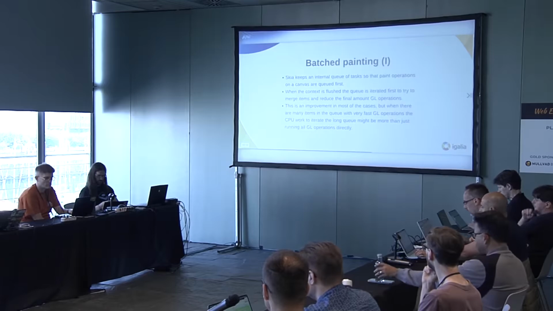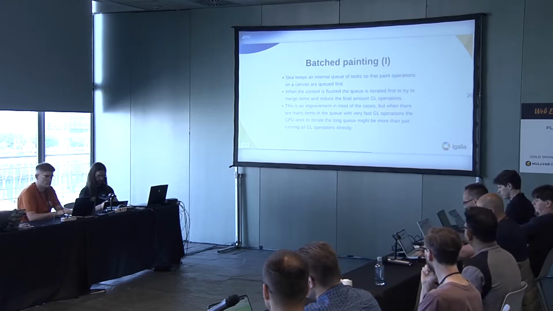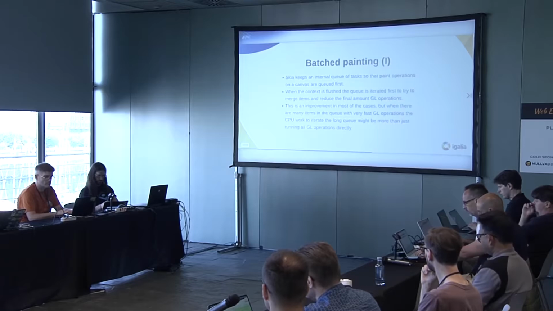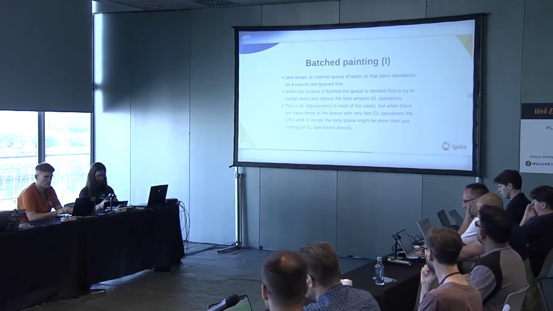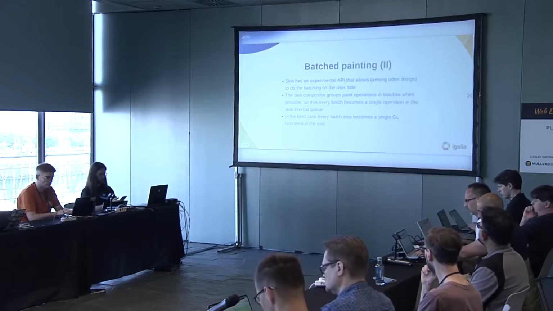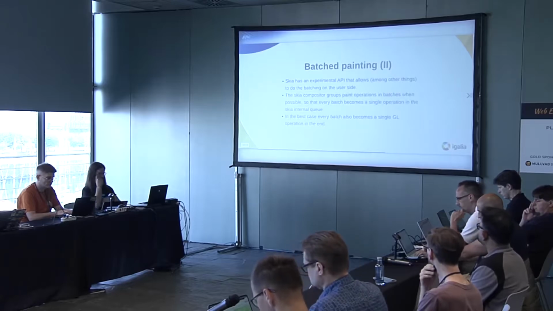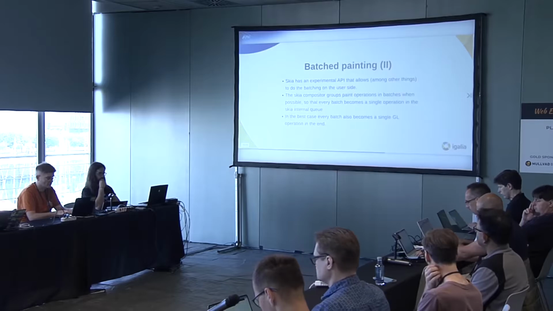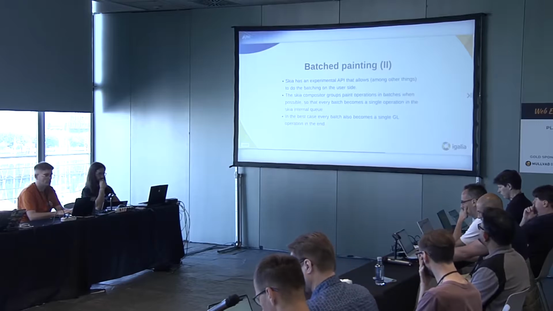And there were some tests that were adding a lot of very small layers in which the performance was much worse. And it was because of this. But Skia has an experimental API that was actually added to Skia for when Chromium switched to use Skia for the compositor, that among other things, allows you to create your own groups of operations.